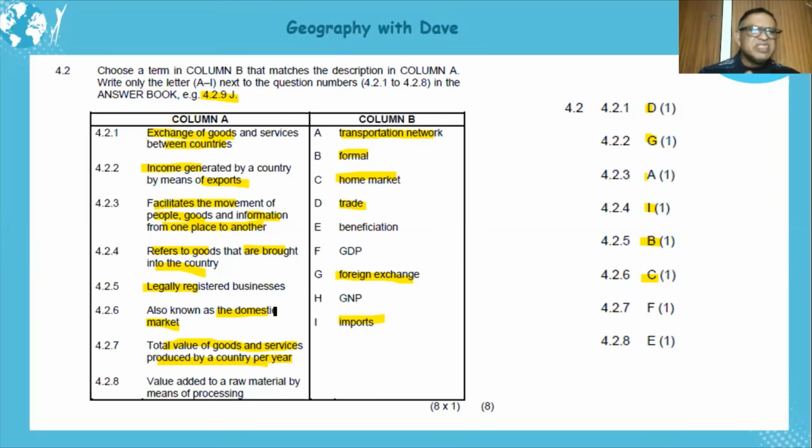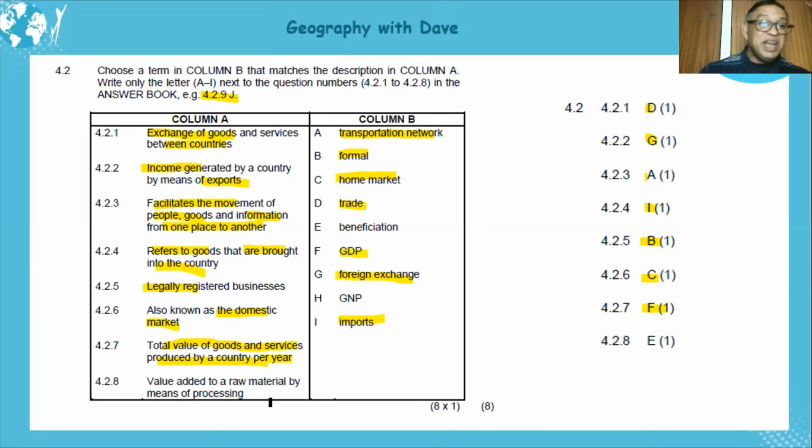Which one should I actually choose? It doesn't talk about produced outside. So it's a bit vague, but the best option here, because it talks about a country, is GDP. Can you see how you make it out? It doesn't talk about produced outside by citizens, etc. It just says produced by a country, and you can still work that one out also.